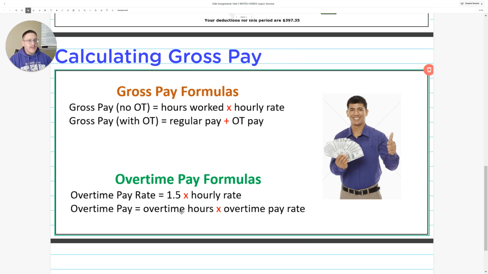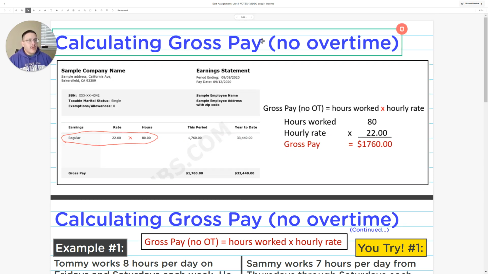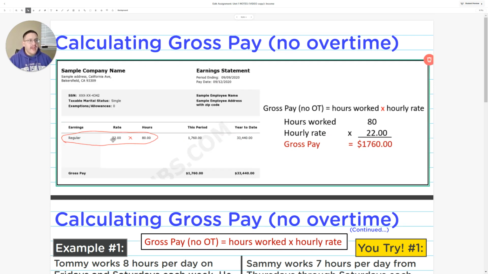Overtime pay is overtime hours times the overtime pay rate. Again, we'll talk about all these formulas in the examples, but right now we're just going to focus on regular gross pay for this next problem. Calculating gross pay, no overtime. Simply put, take your rate, take the amount of hours you worked, multiply those two together, and that's your gross pay.